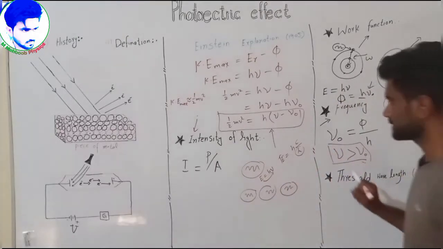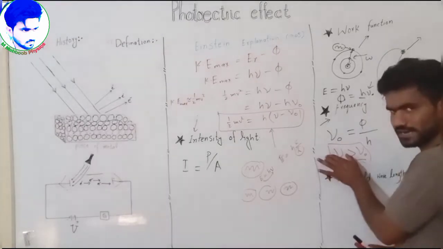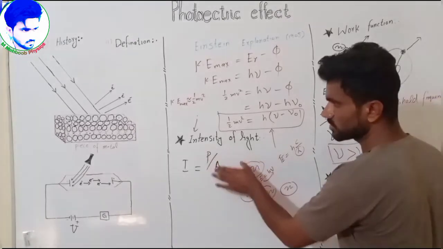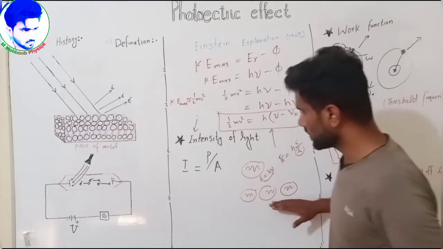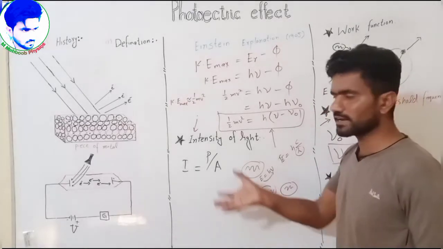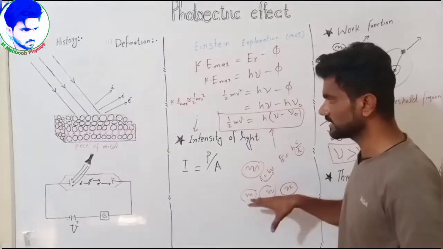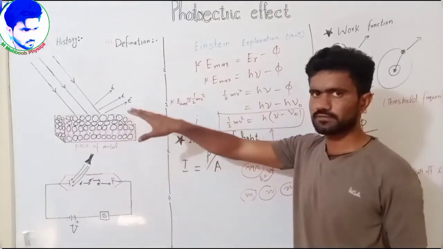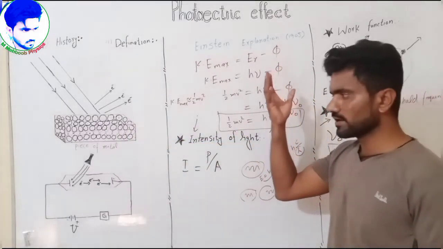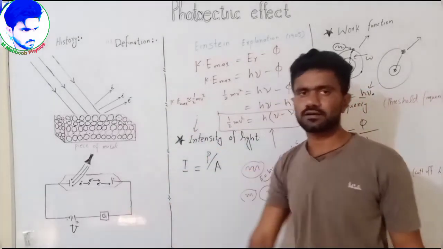And one thing we must remember: if our incident photon has a greater frequency than the threshold value, then when we increase the intensity of the light, the number of photons that we send onto that metal surface increases. Greater intensity means a greater number of photons, and a greater number of photons will interact with a greater number of electrons, and a greater number of electrons will be emitted from that metal surface, and a greater number of electrons makes a greater amount of current.